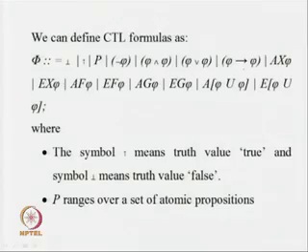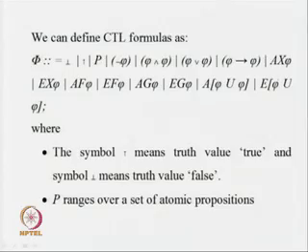And we have already seen that if we have logical connectives like AND or implication, with all those connectives we can again form a CTL formula, provided phi is a CTL formula. On the other hand, we have 4 temporal operators: next state, future state, globally and until.